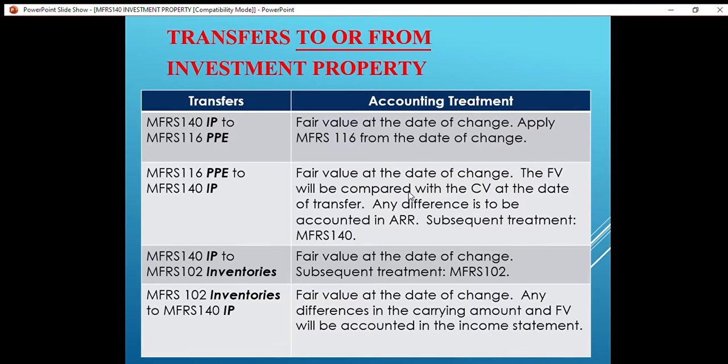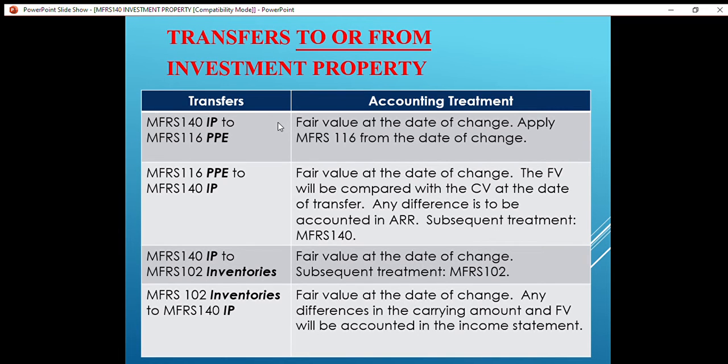Alright, next we go to the transfers to or from investment property. Transfers here mean change of use. Alright, basically there are four conditions of transfer. The first one is the transfer from MFRS 140 investment property to MFRS 116 PPE.